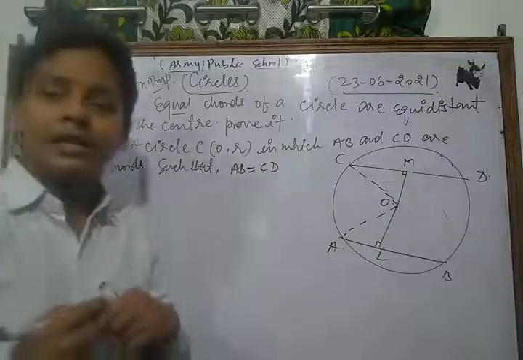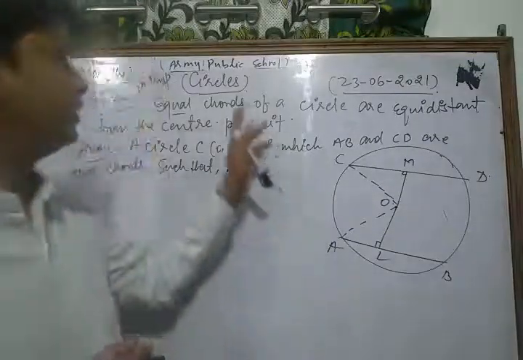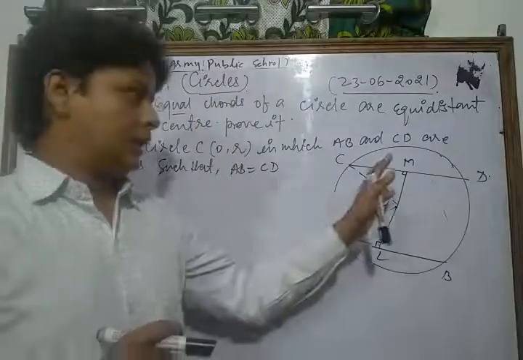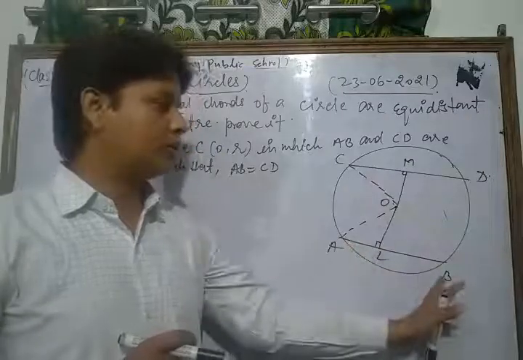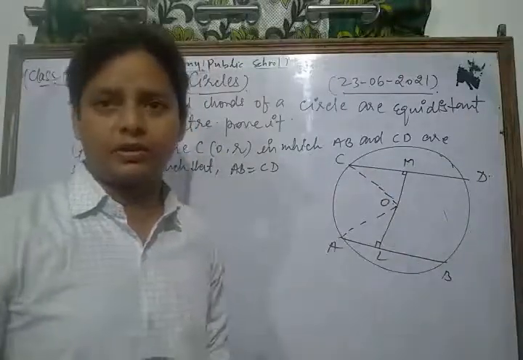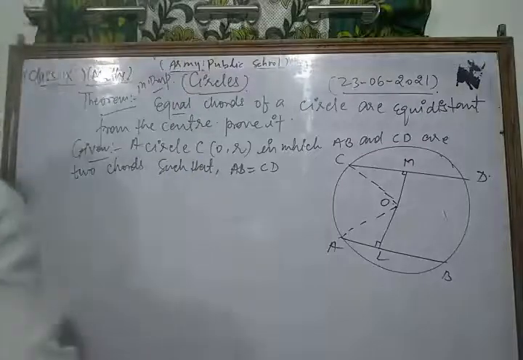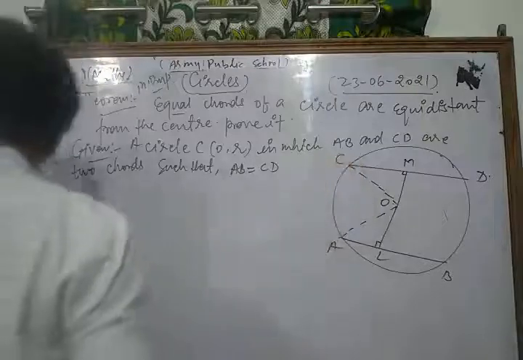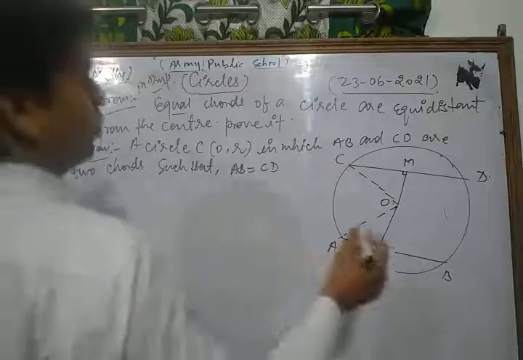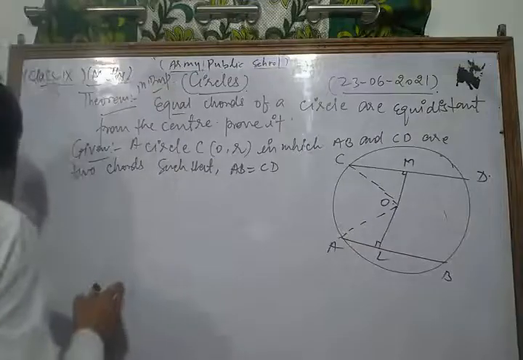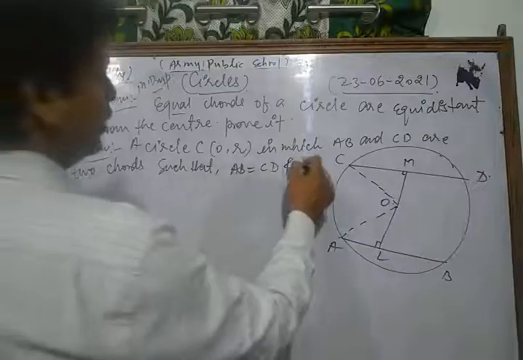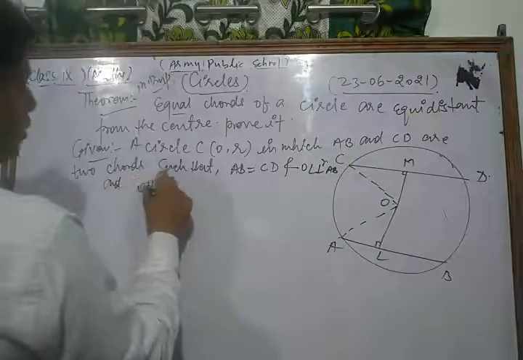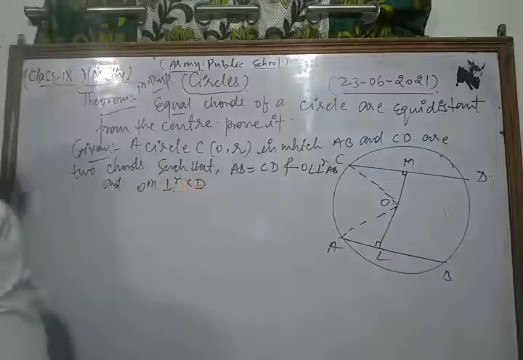This is given in our theorem: equal chords of a circle means in the figure the chords are equal, AB is equal to CD. OL is perpendicular to AB and OM is perpendicular to CD.